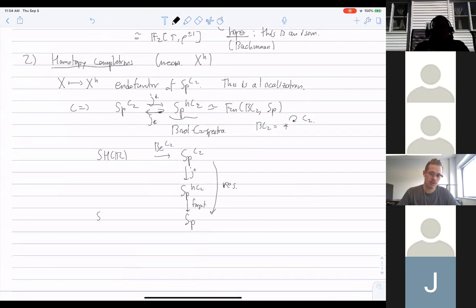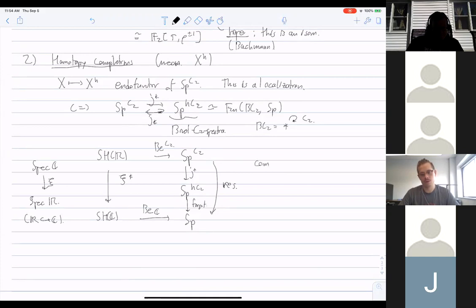I also have the functor from complex motivic spectra to spectra given by complex Betti realization formed in the same way. And I also have the analogous restriction motivically, which is base change. So if I have spec C, and I denote the structure map as spec C to spec R, which corresponds to R going to C, then I have C upper star, and that commutes with restriction. So this commutes.